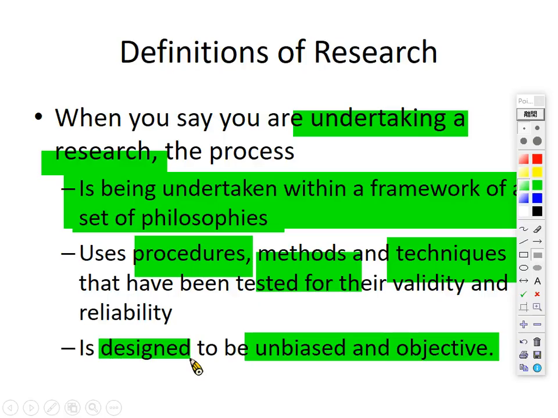So you will instantly find out that when we claim that we want to have a pure, unbiased, and objective research, sometimes it's very difficult. But at least we can try to design as such. At least we need to start with the purpose of our study to provide an unbiased and objective result. At least we can try that. But in the end, it will be somewhat difficult.